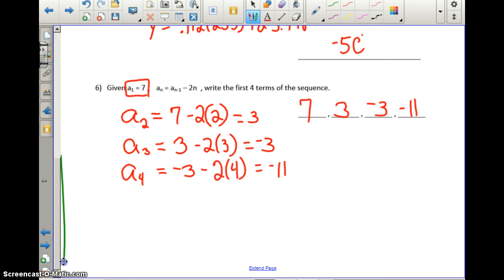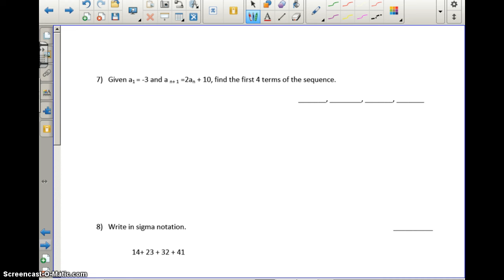So recursive sequence. Number 7 is also a recursive sequence. Number 7, again, my first term is negative 3. So my second term is going to come from 2, because they're telling me here to use 2, times the one prior, and then add 10 to that.